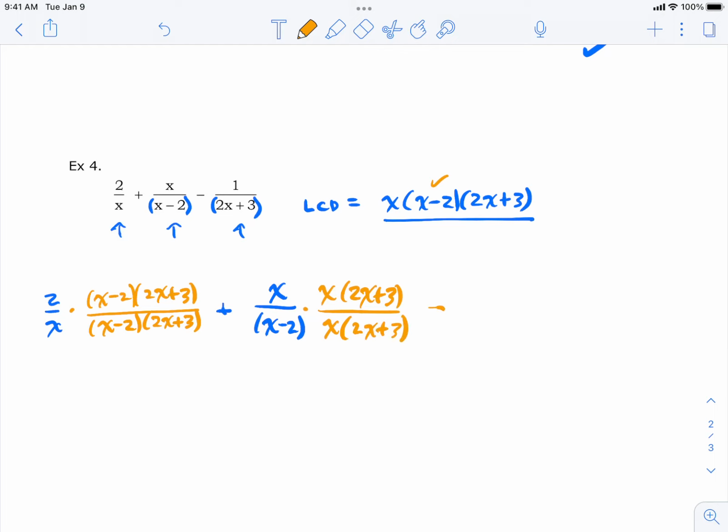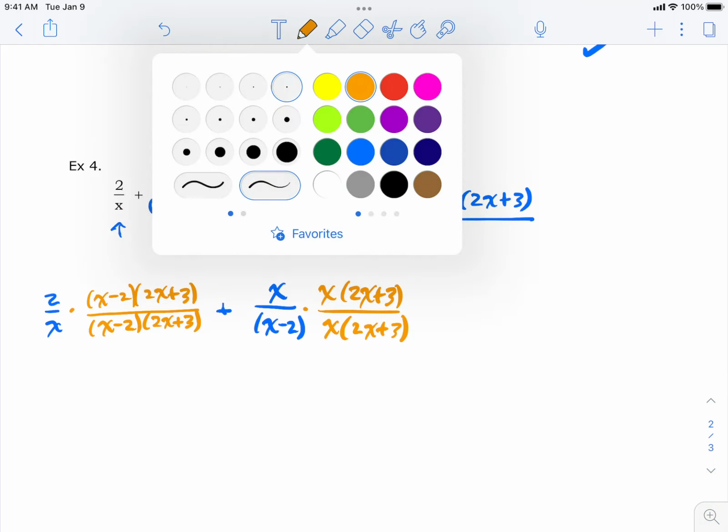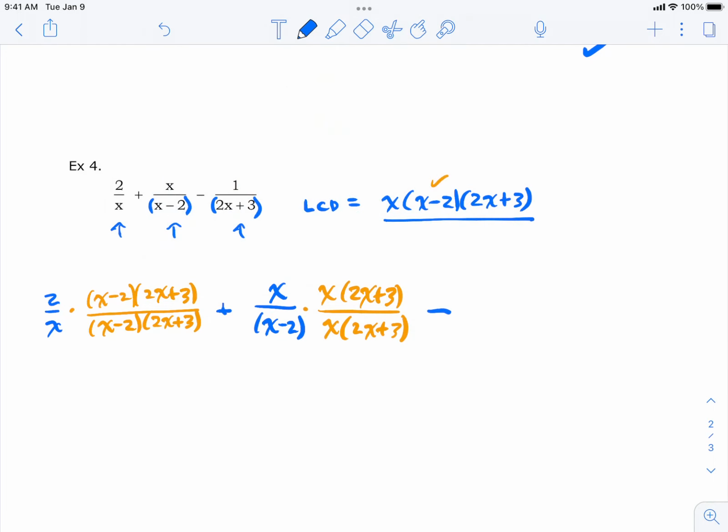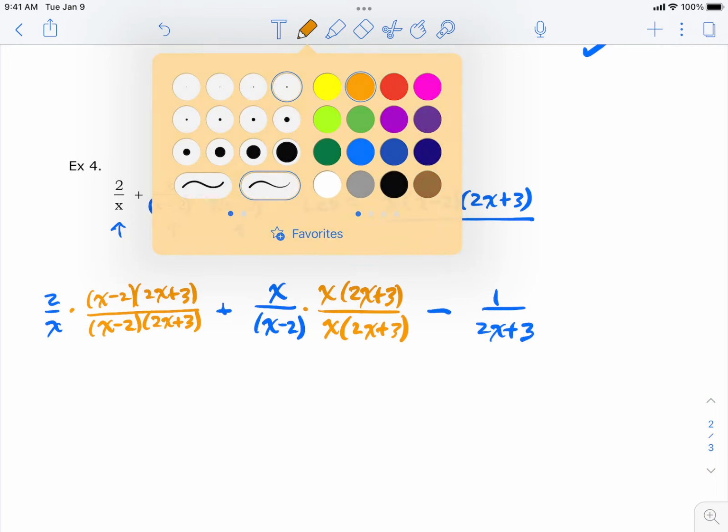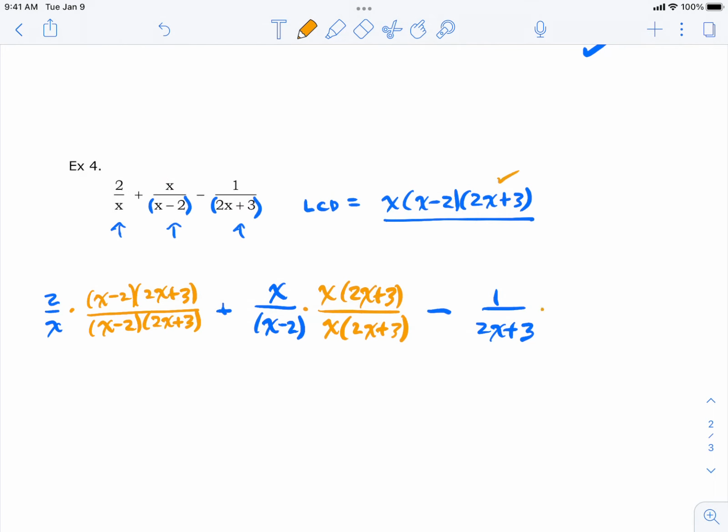And then we've got minus, and I've got this 1 over 2x plus 3 like this. Holy cow. Look at this mess. And it's got the 2x plus 3, but it needs the x and the x minus 2. I'll put that in parentheses, I think. Okay, cool. Wow, a lot of stuff, huh?